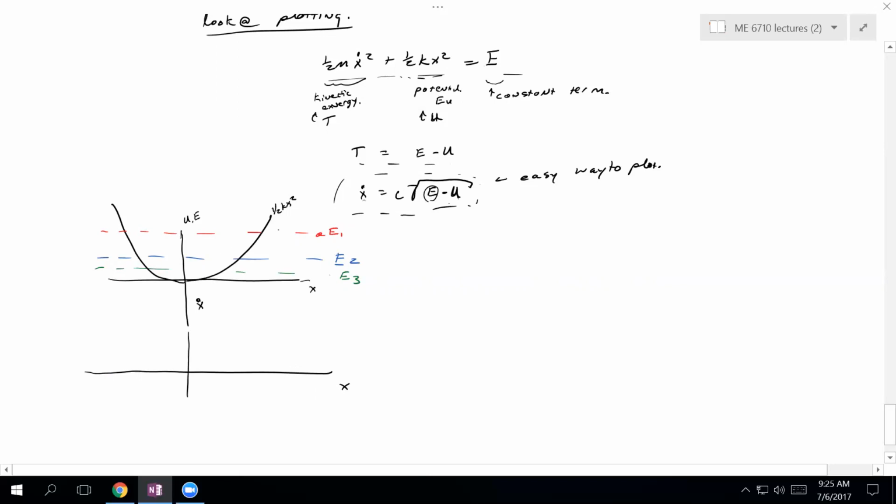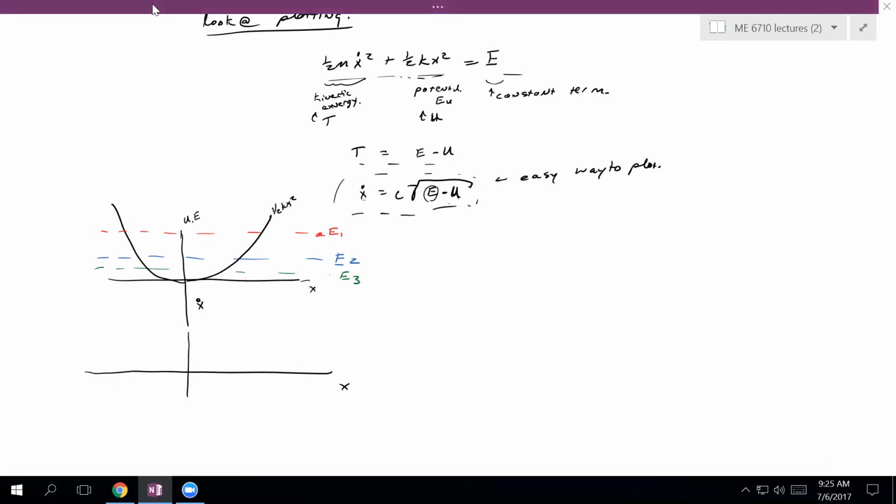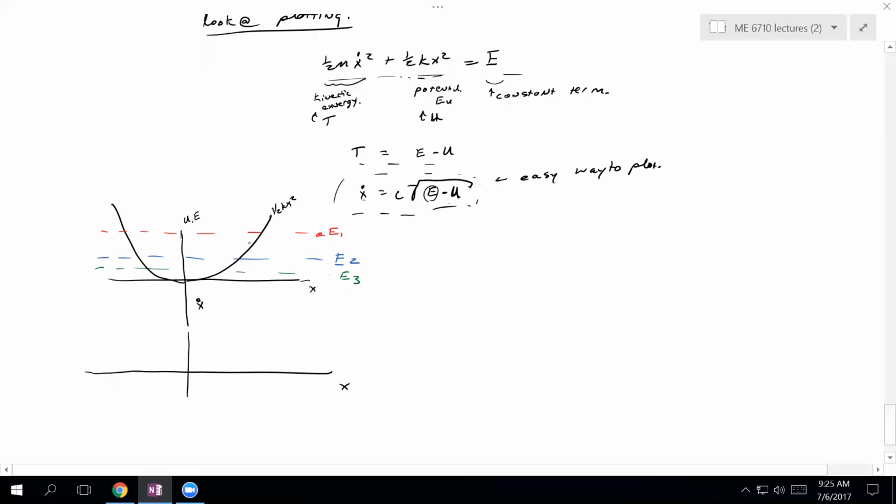So let's start with my E1 case. I'll go to the red for that. So for the E1 case, let's start right here in the middle where x is 0. So here, this is E minus U, right? So the square root of that is going to be my x dot. So it looks like it's some large value. So there's x dot, and it's plus or minus that, by the way. So there's my 2 x dots. Then as I move my way over, I can see I have some lesser values, out to the point that I go to 0.